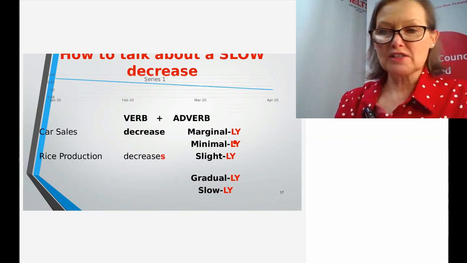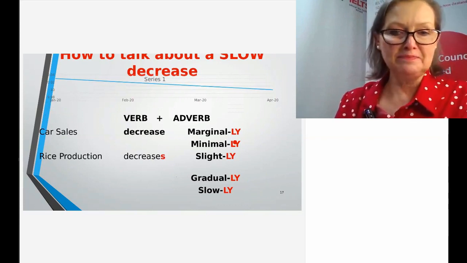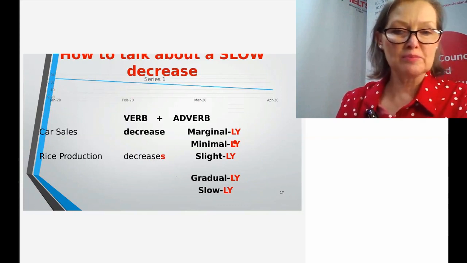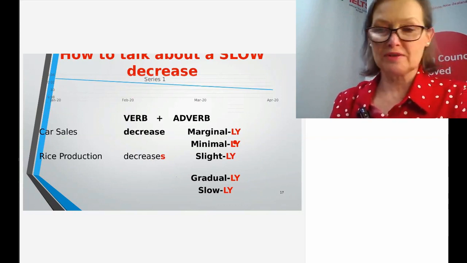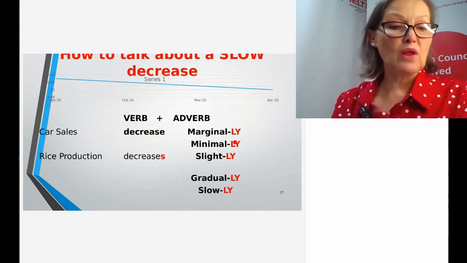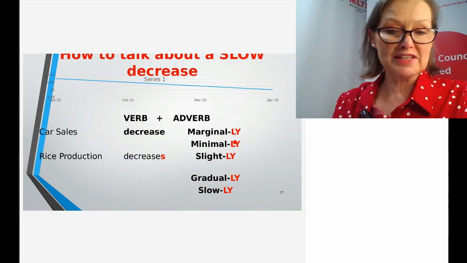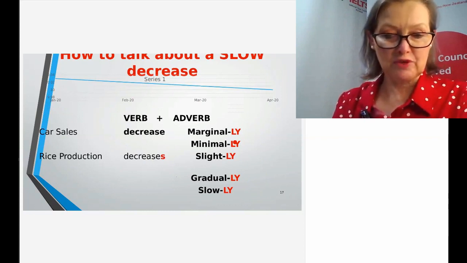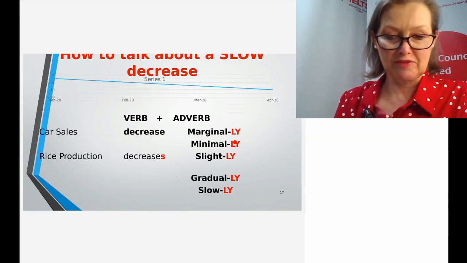So how to talk about a slow decrease. And here I've simply just changed the verbs to those downward verbs. So car sales decrease marginally, rice production decreases marginally. And of course we can use the other downward verbs, and I'm going to give you a chance to do some of that now.